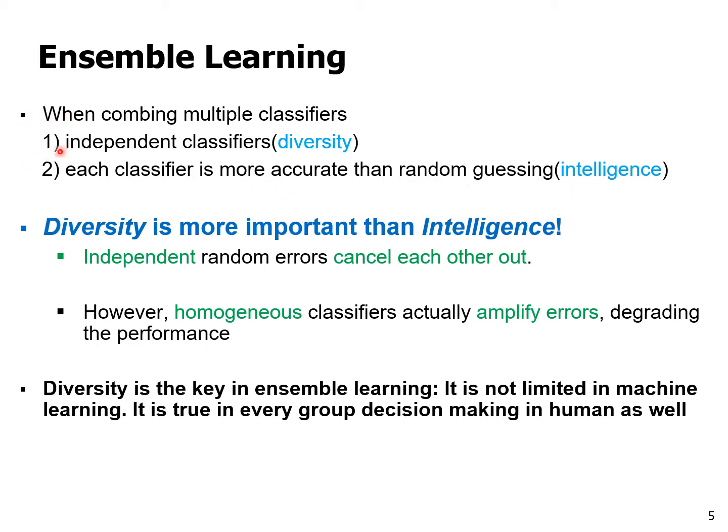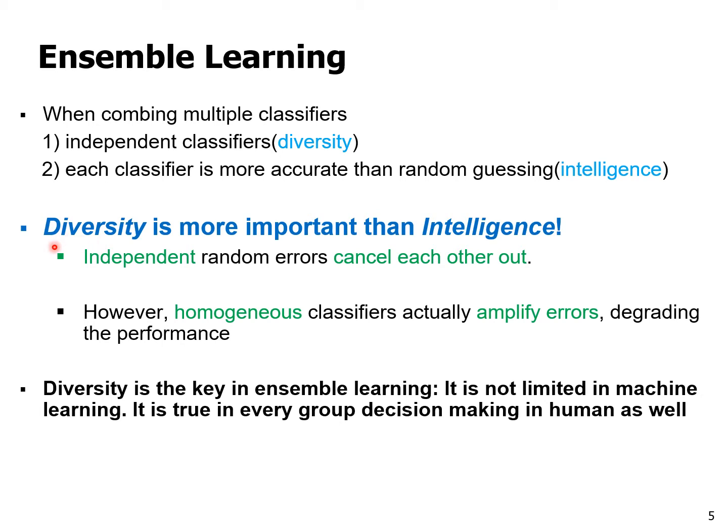In the first condition, you should make an effort to make sure each classifier is independent of each other. That's why this first condition is important. So diversity is more important than intelligence, because intelligence is very easy to implement.